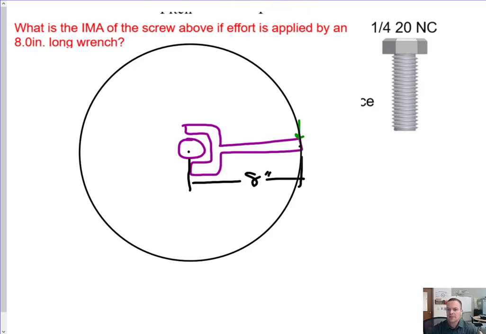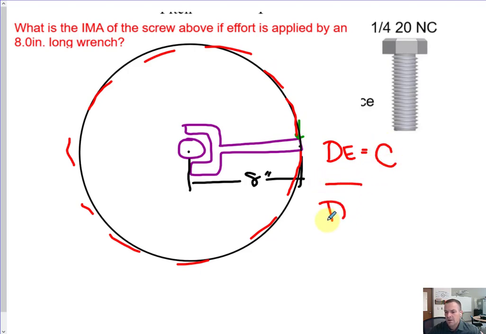So the question is, how do I calculate circumference, right? dE is the distance that the effort travels. So one rotation of this bolt, this handle, is going to travel all the way this distance. Okay, so the circumference.